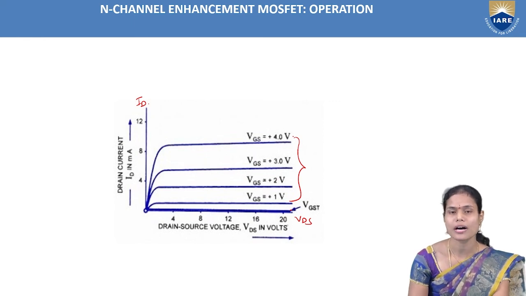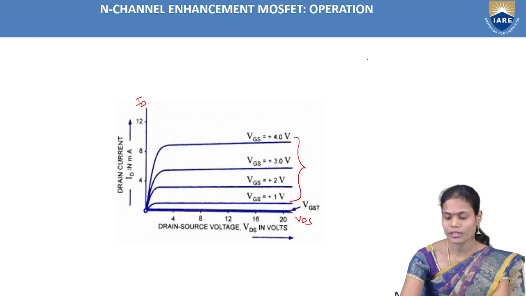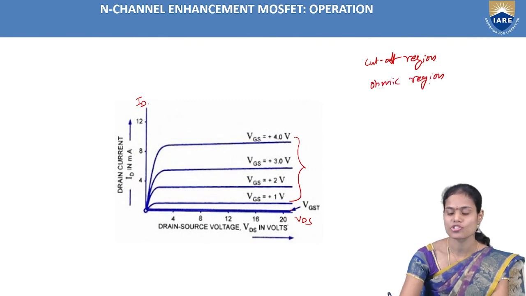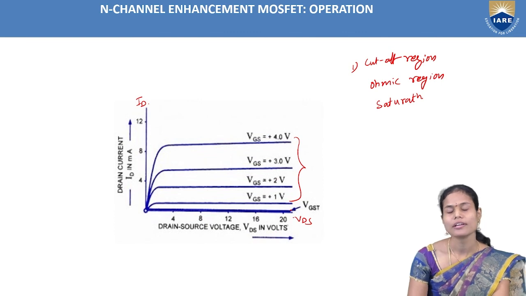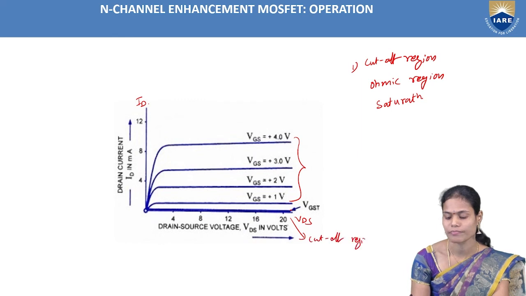So generally the MOSFET will operate in 3 regions, that is cutoff region, ohmic region and saturation region. So cutoff region means when you are not providing any voltages to your device, in that case we will not get any current. So this one we can call as cutoff region.